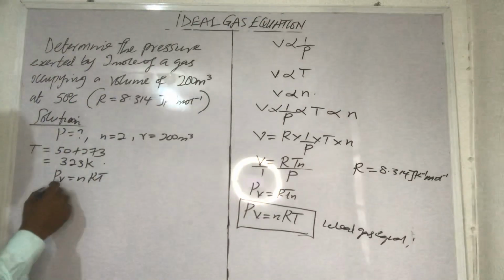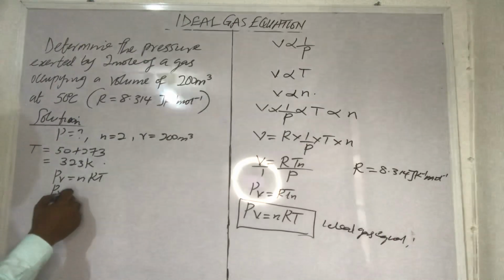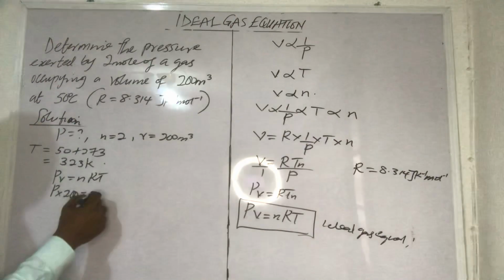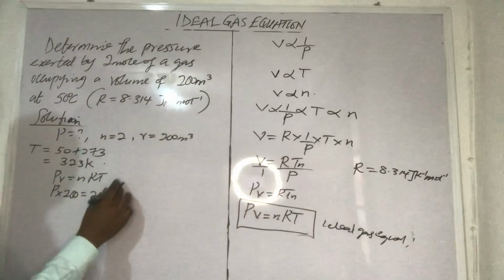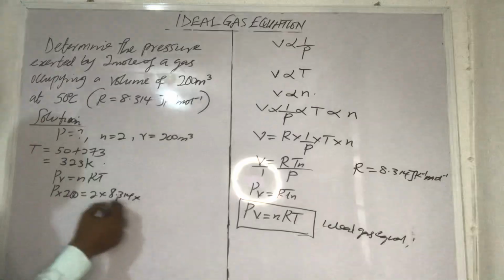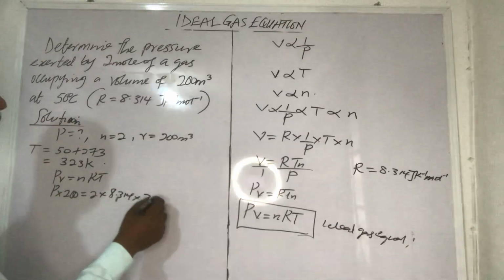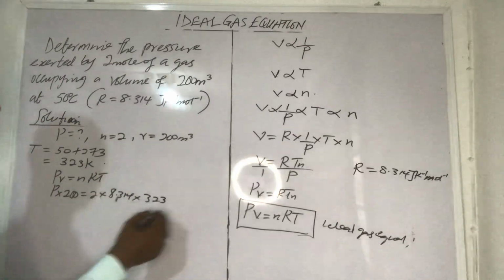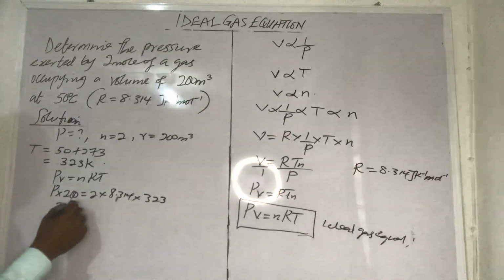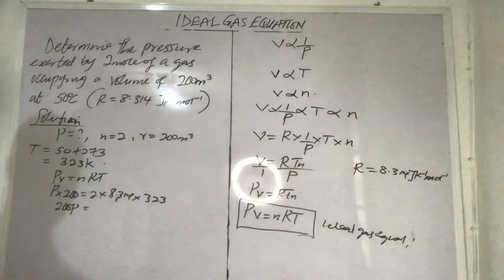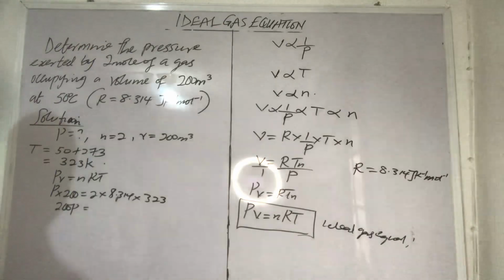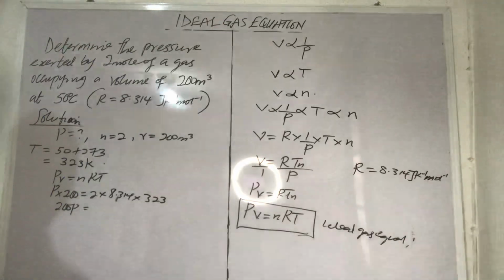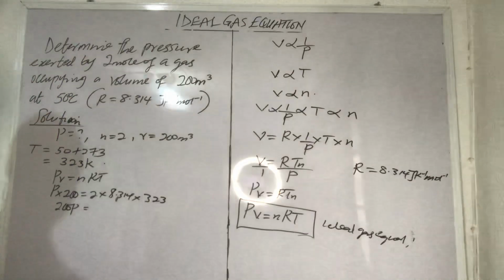If I substitute this in my ideal gas equation of PV is equal to nRT, then my P is the question times V, which is 200, equals 2 times the molar gas constant 8.314 times absolute temperature 323. So you have 200 P is equal to 2 times 8.314 times 323.